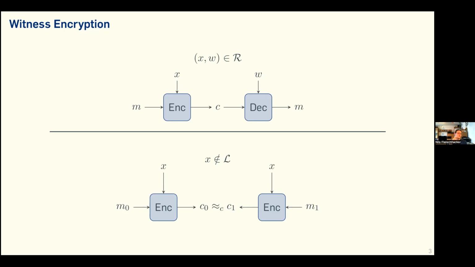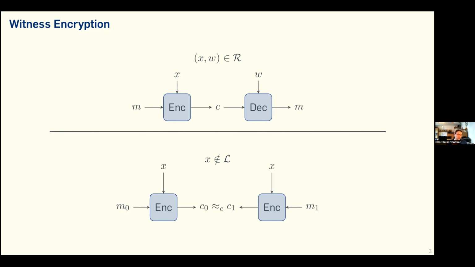If everything worked correctly, we get the message back. So if X is in the language, and in particular if X and W are in the relation, then correctness is preserved. So we have a correct encryption scheme.